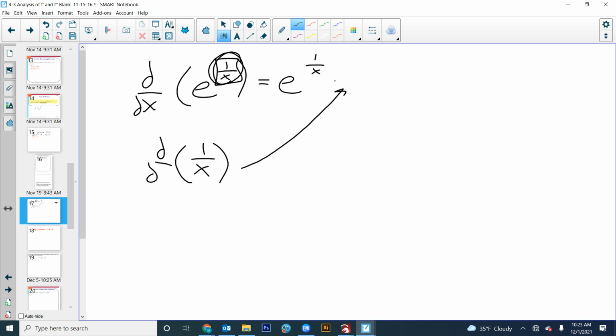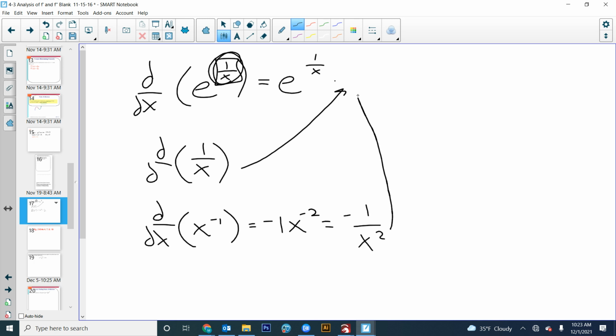This is one you want to have memorized. You're going to see this a lot. You could do the quotient rule on this. You could write it as x to the negative 1 and do the power rule. Negative 1 x to the negative 2, which turns into negative 1 over x squared. And that's what goes up there, negative 1 over x squared. So e to the 1 over x times negative 1 over x squared.